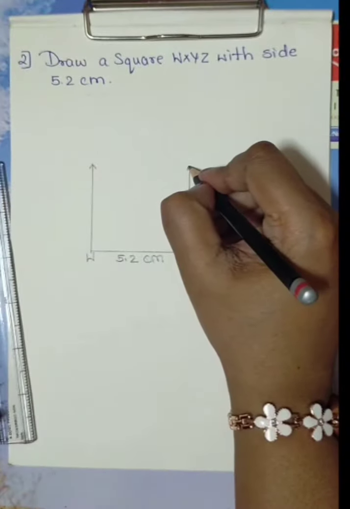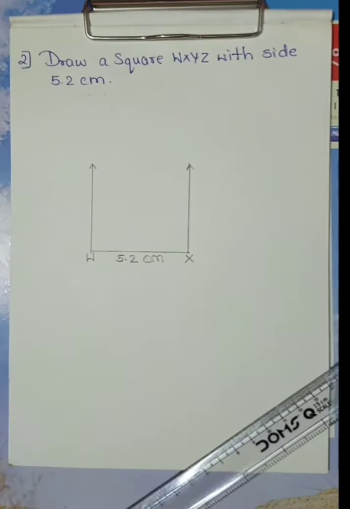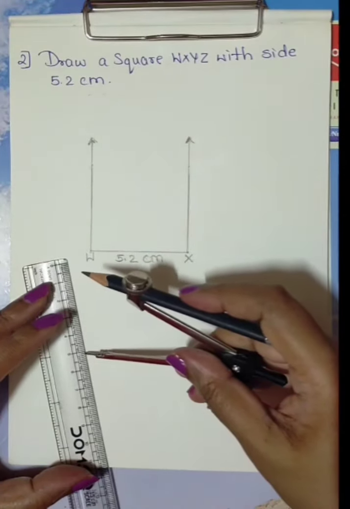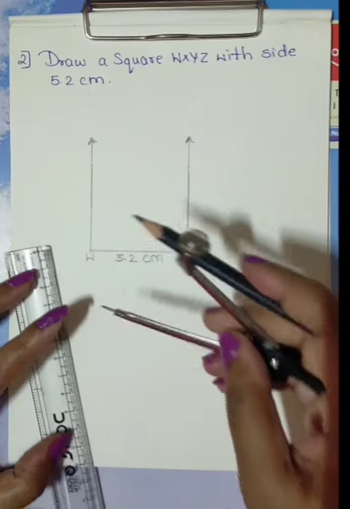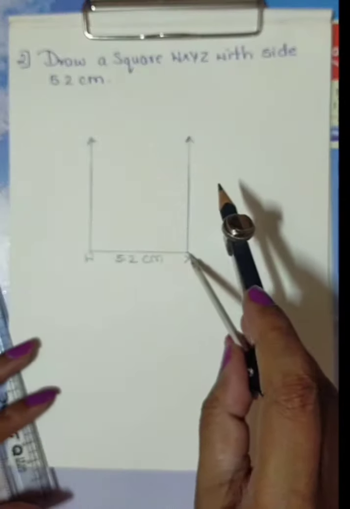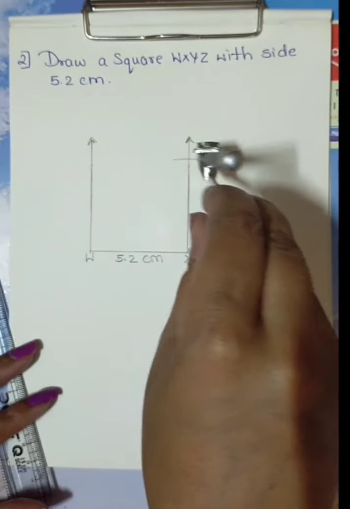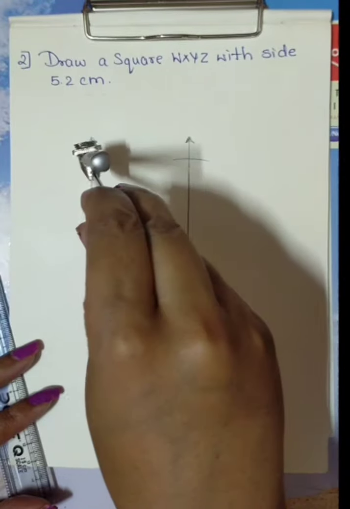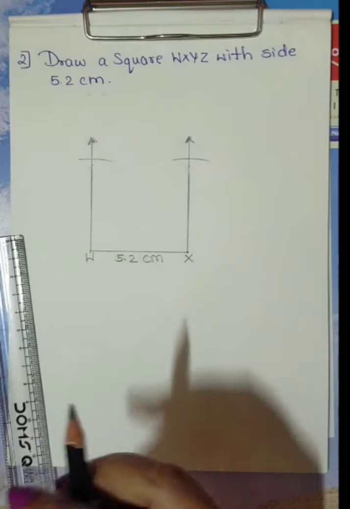Okay, now what is given? 5.2 centimeter of square, each square. Now sides have 5.2 centimeter given sides. So with the help of compass we are going to draw 5.2 centimeter arc.